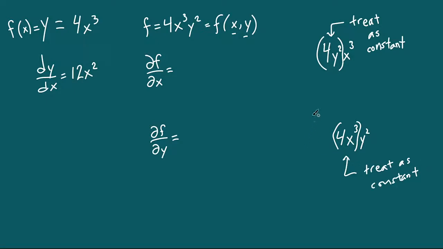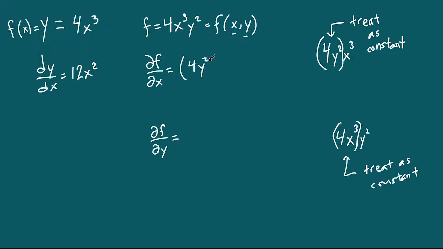So once you make that step, once you separate what's constant versus what is variable, completing the partial derivative is now just like a regular derivative. So if I'm taking the partial of f with respect to x, I have my constant term. So I'll just rewrite the constant just like you do with a standard derivative.